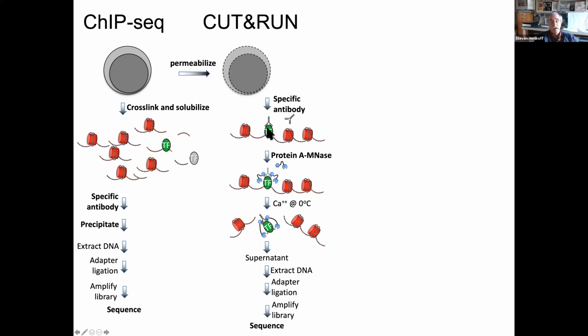So it will find its target, a transcription factor for example, and then we add protein A-MNase, a fusion protein, where the protein A part will stick to the antibody and tether the MNase, such that when we activate the enzyme with calcium, it cleaves on both sides, we release the fragment into the supernatant where we extract it, and then the rest of it is similar to what you do for ChIP-seq.